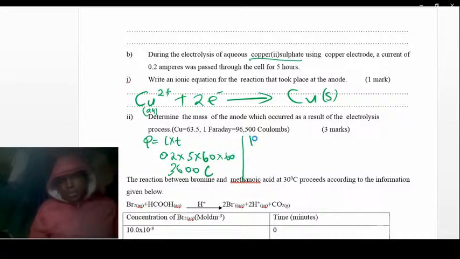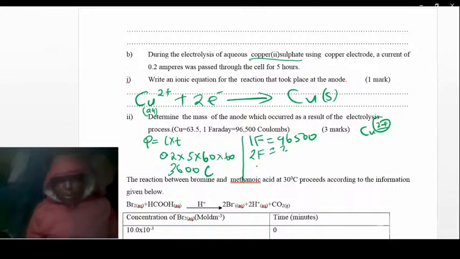But we know that 1 Faraday is equal to 96,500 coulombs. But copper has 2 Faradays, because the charge is 2. So 2 Faradays will be 193,000 coulombs. So 193,000 coulombs has a mass of 63.5 grams, because that's 1 mole.